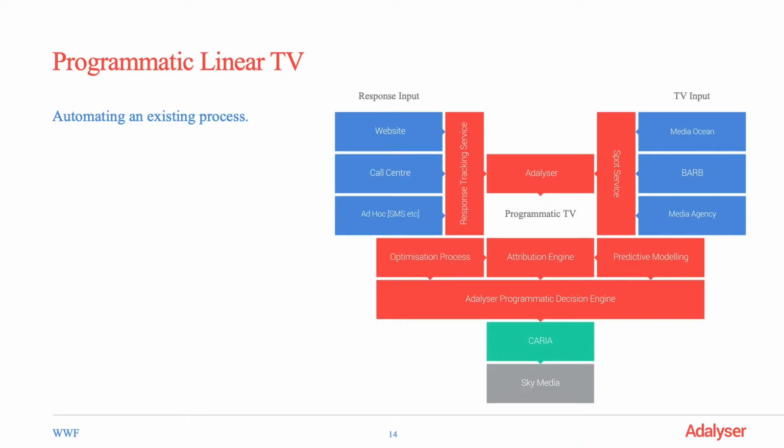We then can make decisions using Adalyzer, so we can analyze the data. We can ask the users to set conditions for when action should be taken. And then all that we've actually really done is build a bridge from Adalyzer to Carrier that allows us to issue copy rotation instructions autonomously, and then Carrier can issue those directly into Sky Media's trafficking department, and those are pushed out onto the schedule.